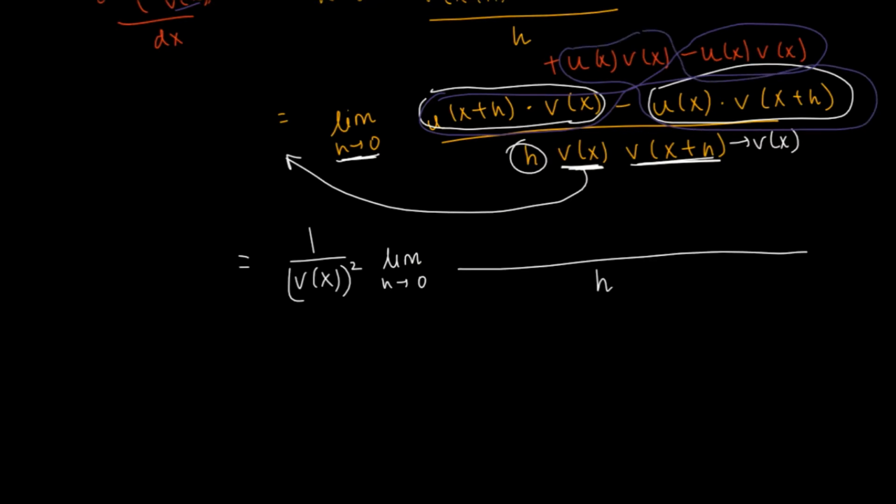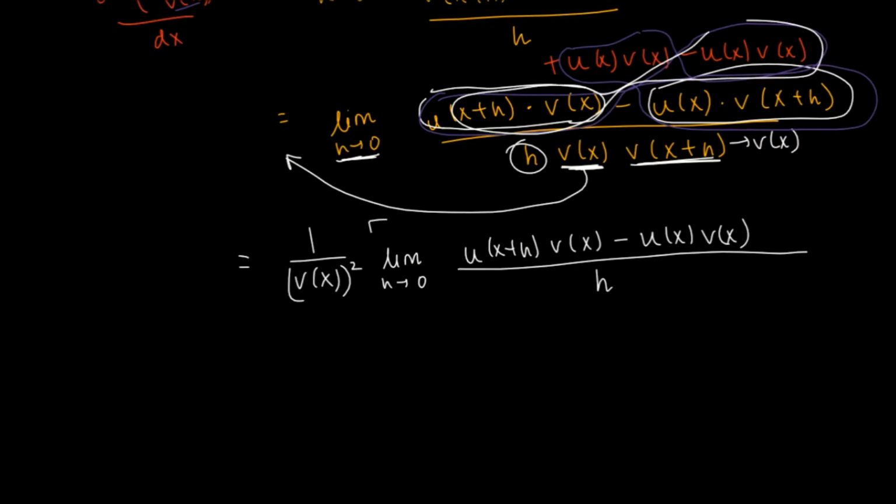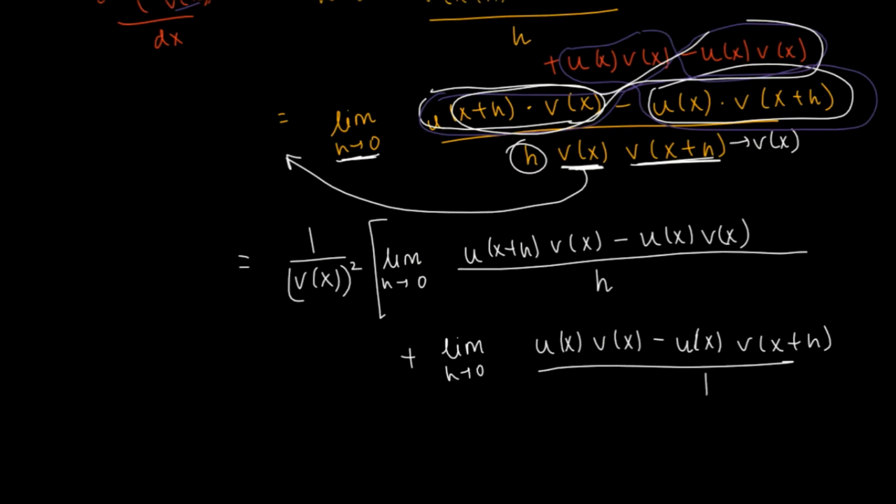Through this you can write u of x plus h times v of x minus u of x times v of x, the first thing right here. This is the first part, and similar to that, you can add the limit of the remaining part. So u of x times v of x minus u of x times v of x plus h, all of this being divided by h once again.